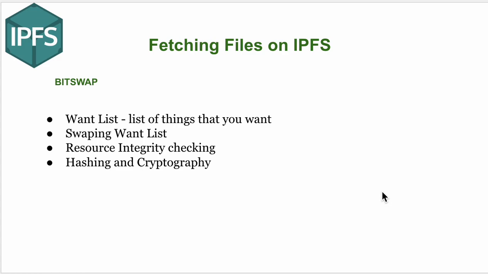If they don't have, they point you to the next peer where you can get it. And what happens is that every time you reach out to get a file on IPFS, you are 50% closer to the content. So after that, they then swap their want list. After receiving what the other peer wants, you check to see.